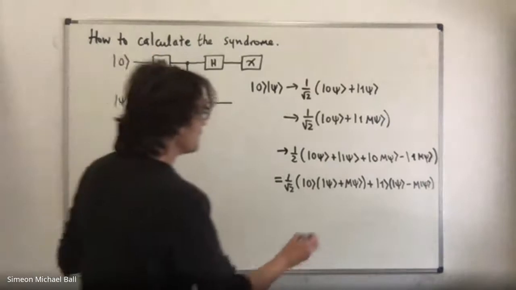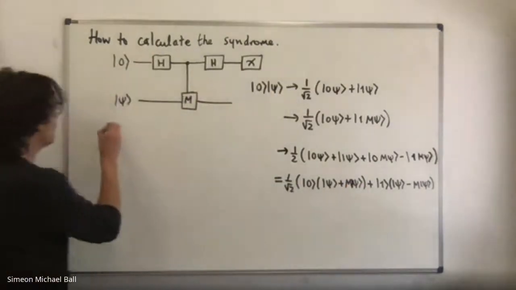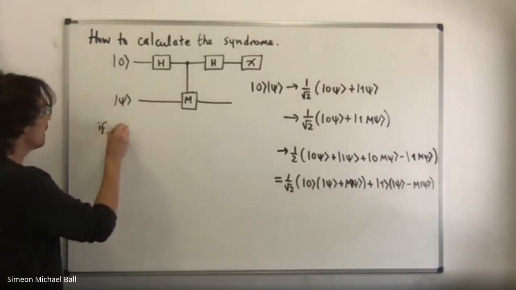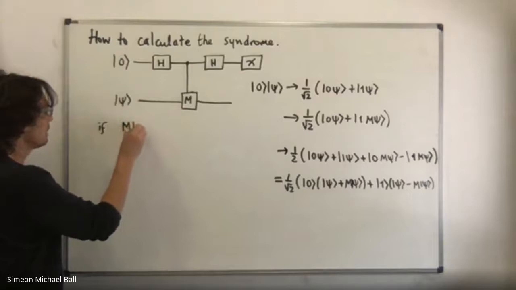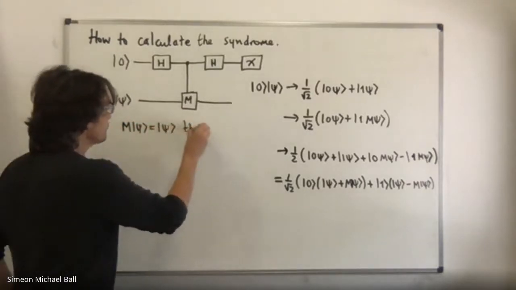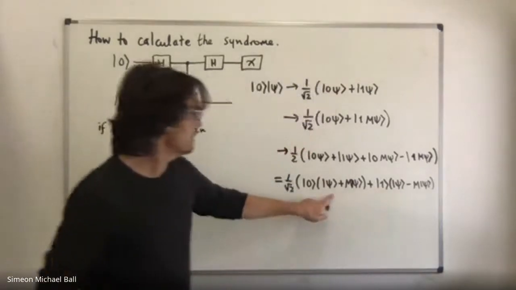So that means that this circuit, if M psi is equal to psi, then this is 0, and this is just psi.